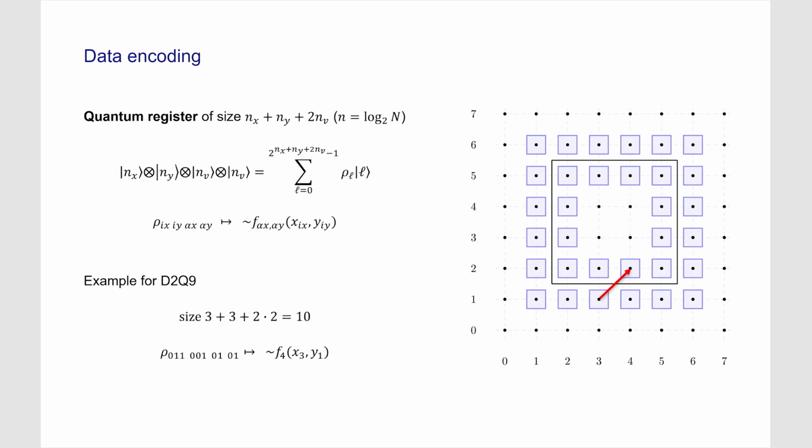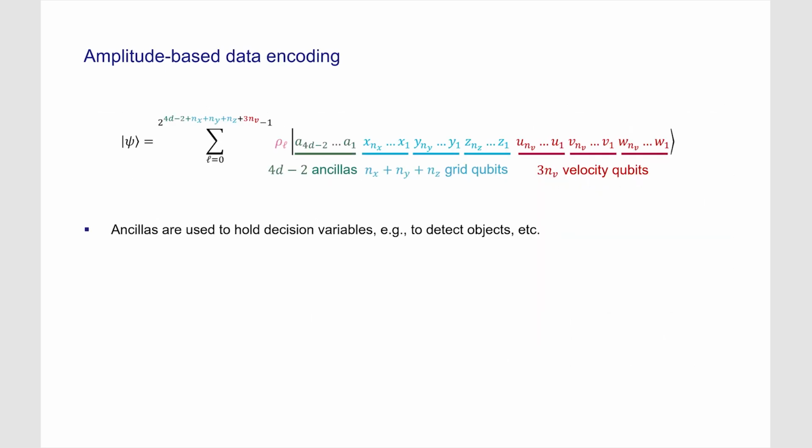I'm saying corresponds to, because this is, of course, normalized. We do not have an equality, it is just proportional up to some normalization constant. Now, letting it look a little more complicated, this is the generic case in, let's say, 3D.